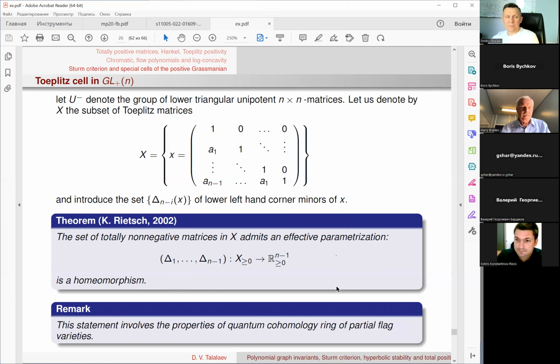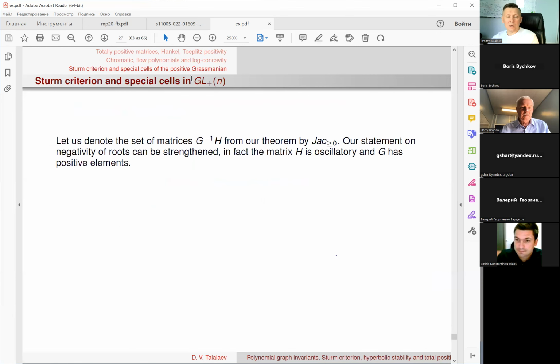And the statement involves very interesting geometry, for example, the quantum cohomology ring of partial flag varieties. Our statement is of very close nature, so we also parameterize some positive cell.